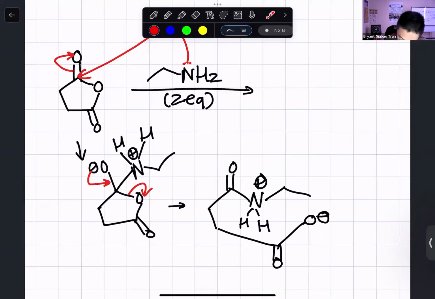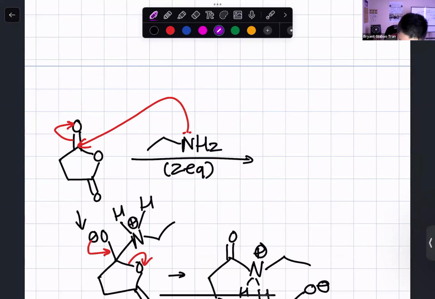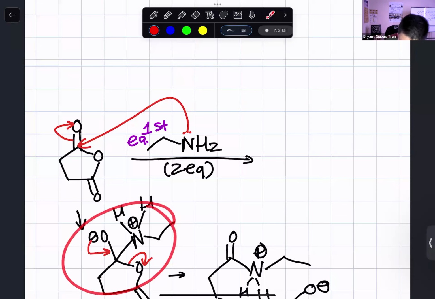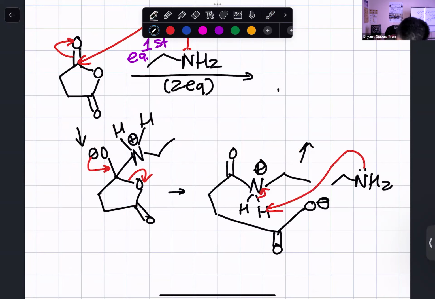So now the second equivalent of the amine, right? This was the first equivalent right here that we used to attack the carbonyl to create this tetrahedral intermediate. The second equivalent of the amine is going to deprotonate the positively charged amine to make it neutral.